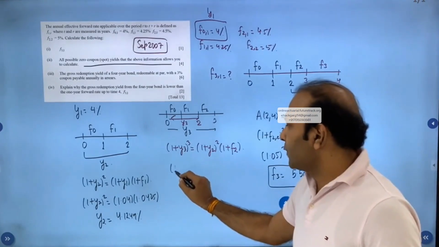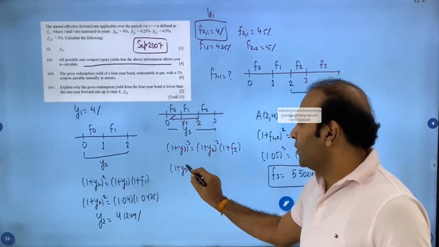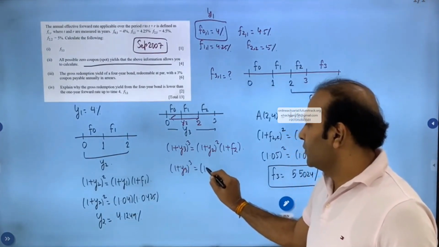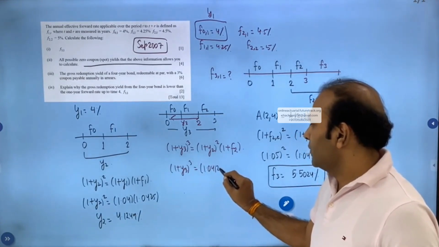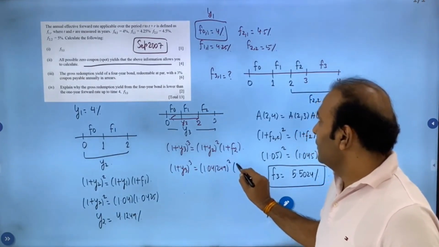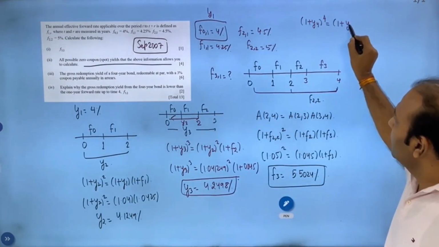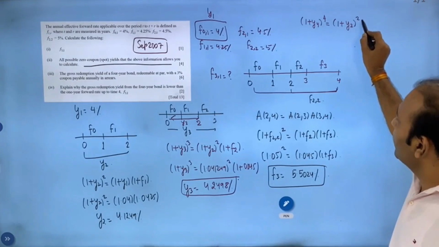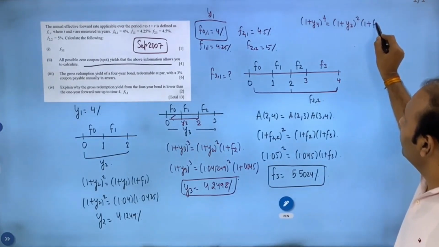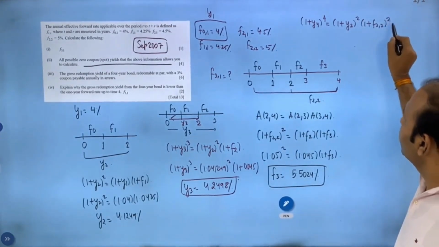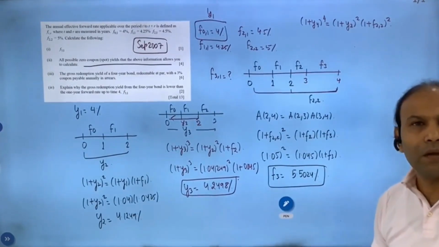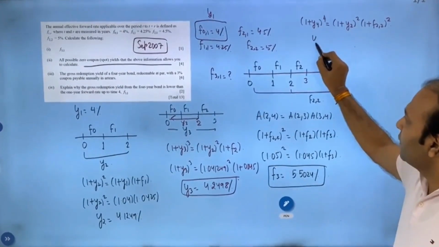So class, substitute the values of these two. We can find 1 plus y2 squared into 1 plus f2 comma 2 squared. Clear? So calculate y4, class.